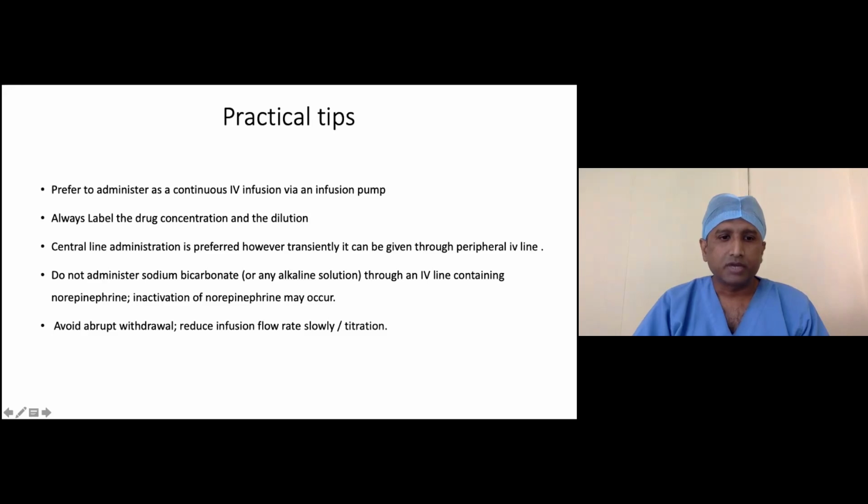And we have to avoid abrupt withdrawal, as these vasopressors have very short half-lives of around 2 to 3 minutes. So abrupt withdrawal should be avoided, and we should titrate the infusion accordingly. Thank you very much.